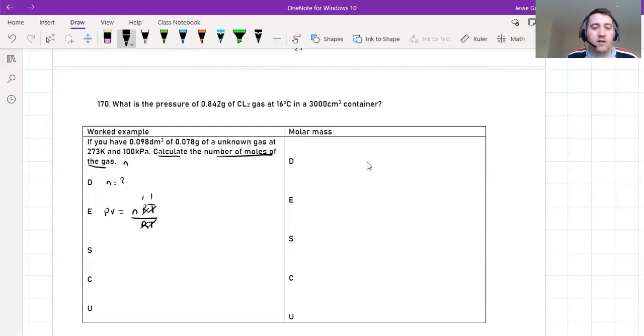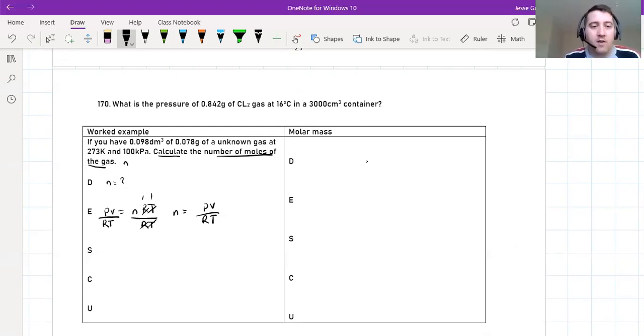So n times 1 is n. So we just have n on the right. And because we made that change on the right, we also make that same change on the left, RT. So that gives me n equals PV divided by RT. Once you know that, you can pretty well find n in any case.